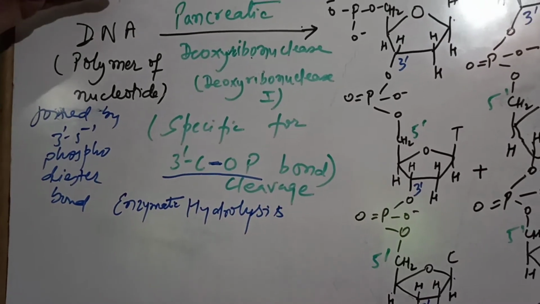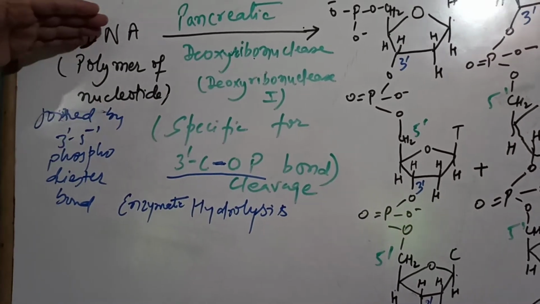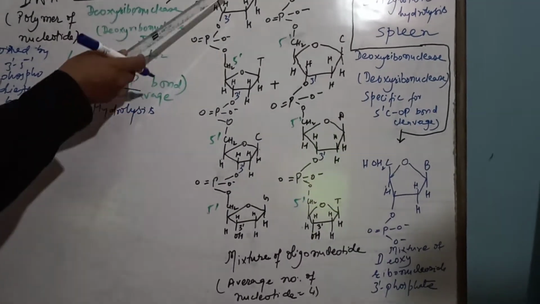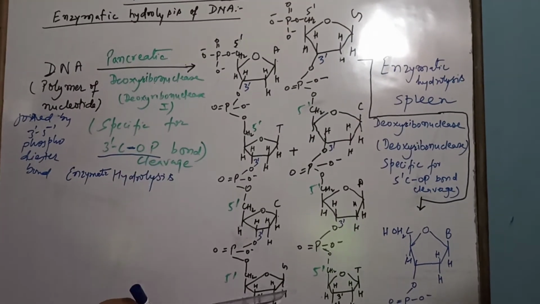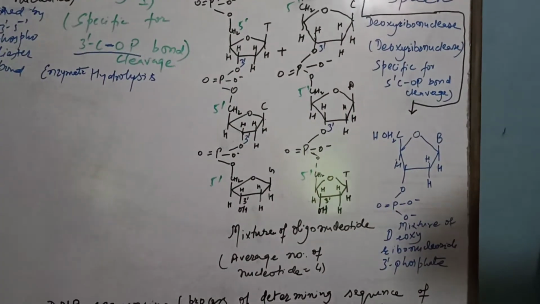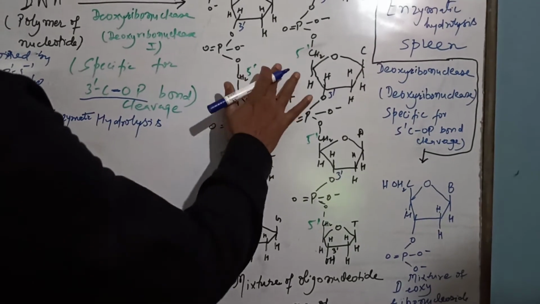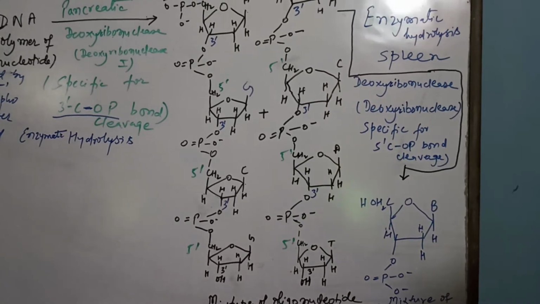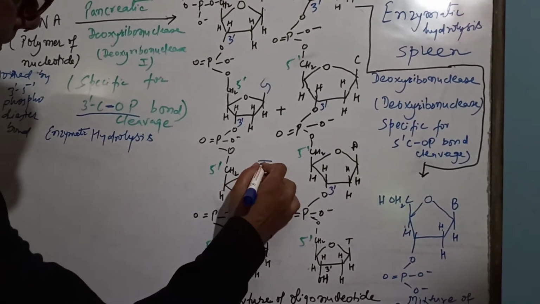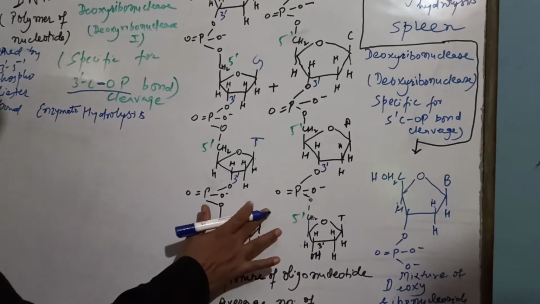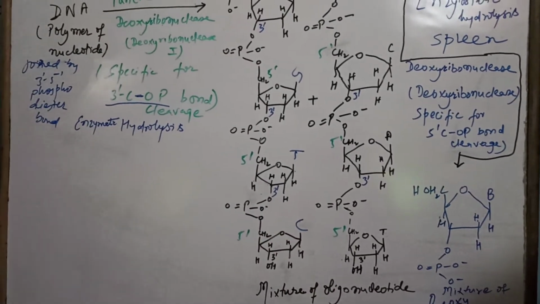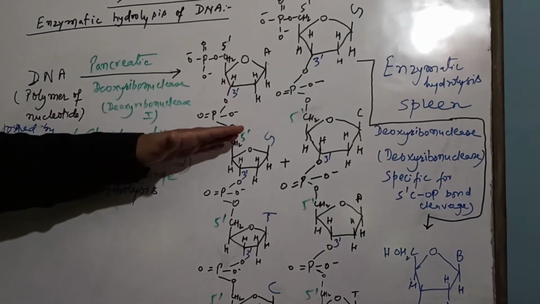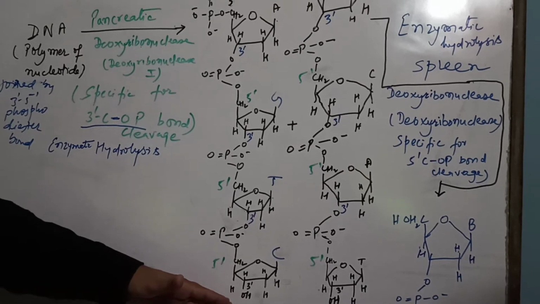So what will happen when we hydrolyze the DNA? You see here, this is the oligonucleotide. I have given a 4 nucleotide setup here, since we are saying that the average nucleotide count will be 4.